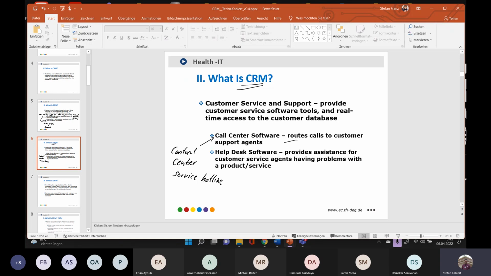This means if you directly call or you do acquisition calls to clients, to customers or to patients, you know which status their contracts have, and you can call them, and your knowledge is available. So if you get a call, they already know what's the background and what's the reason for this call, and they can provide you any information. And the other way around, if you call them, they have the same level of information and they can directly help you. So it's about level of information.